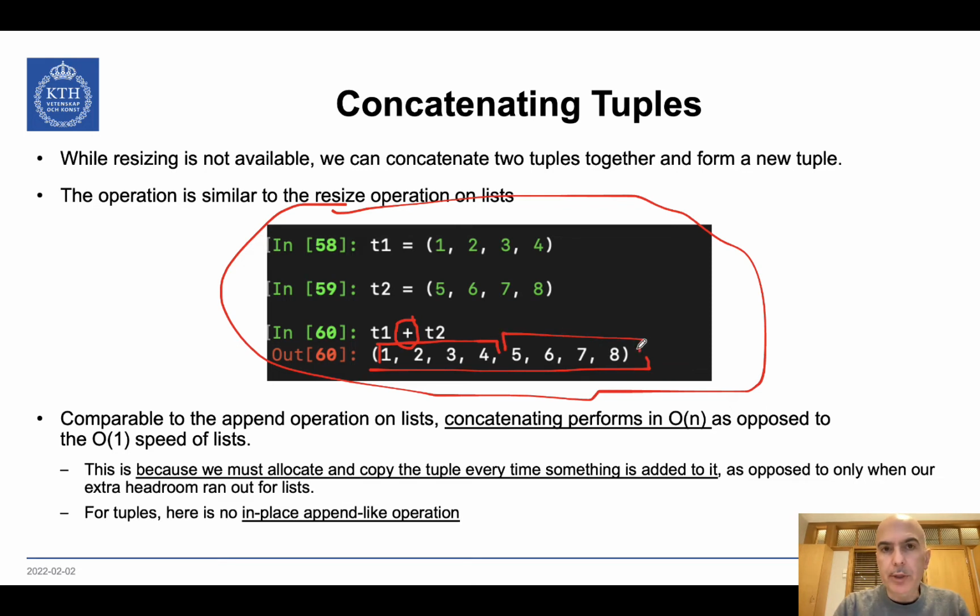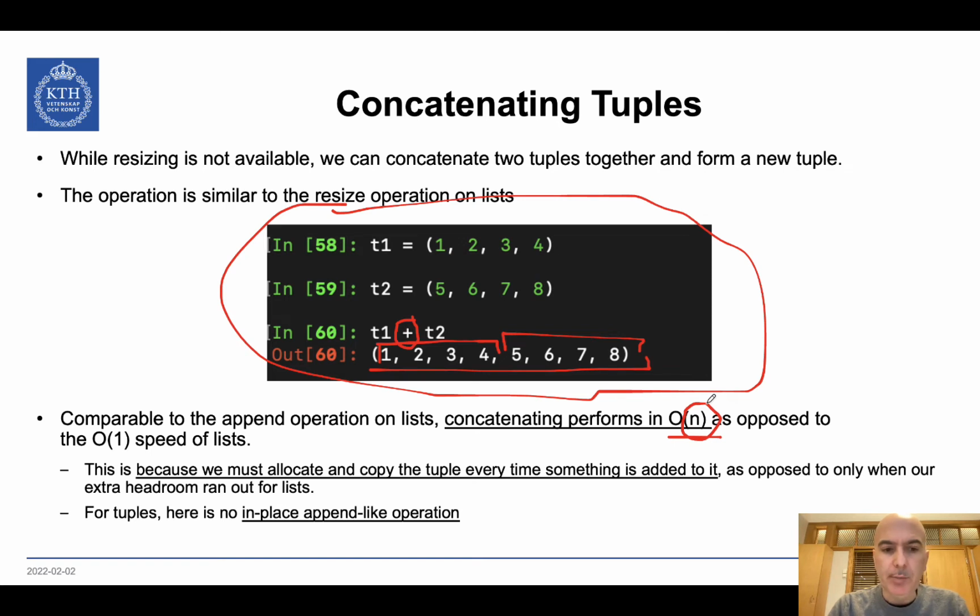Comparable to the append operation on the list, which is constant time, concatenating is quite an expensive operation and performs with a complexity of big O of n, where n is the size of the tuple. This means that as the size of the tuple increases, the concatenating operation will increase linearly with the number of elements in the tuple.